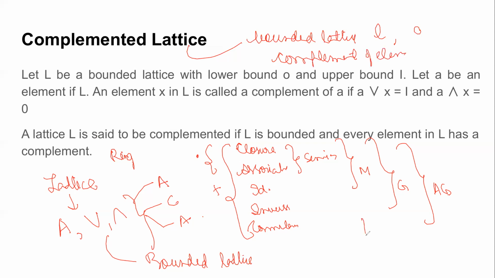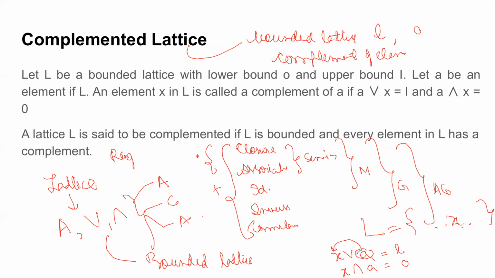If I have this lattice L defined on a non-empty set, it will have a number of elements. Suppose X is one element in L. We say that there exists an element A which is said to be the complement of X if the following holds. If I take their union, it should give me the upper bound. If I take their intersection, it should give me the lower bound. Such an element is known as the complement of the element X.